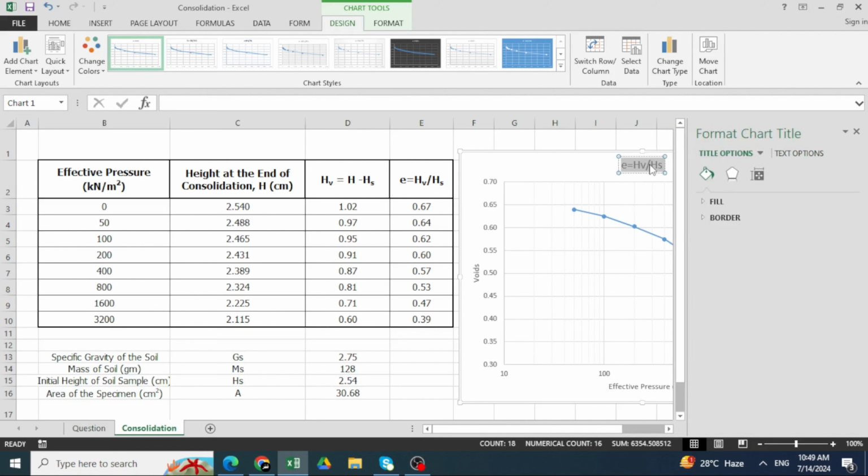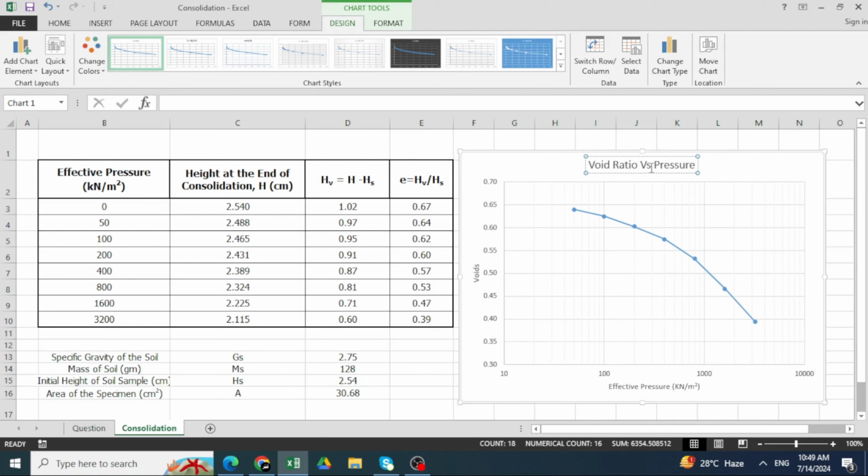So it is the void ratio versus effective pressure. Writing here the void ratio versus the pressure. This pressure is the effective pressure which is applied during the laboratory test.